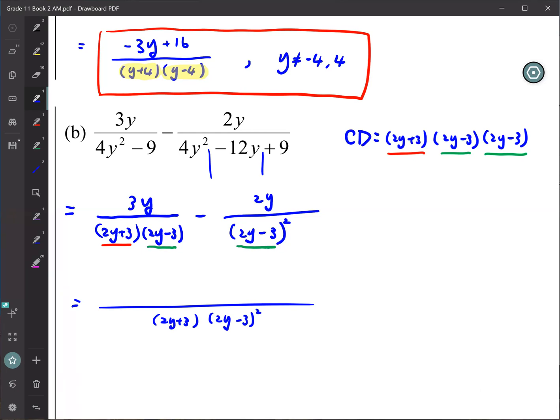The numerator for the first one. I'm not sure. For the first fraction, can you compare the denominator with the new denominator? Let me highlight it. Is it just 2y take away 3 and then bracket 3y? Yeah, very good. It's missing the 2y minus 3.